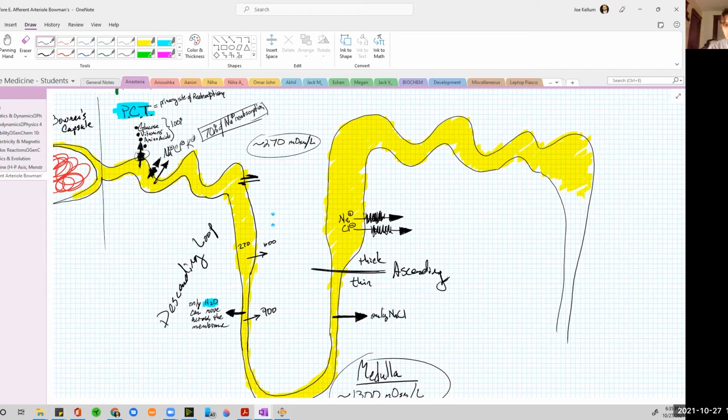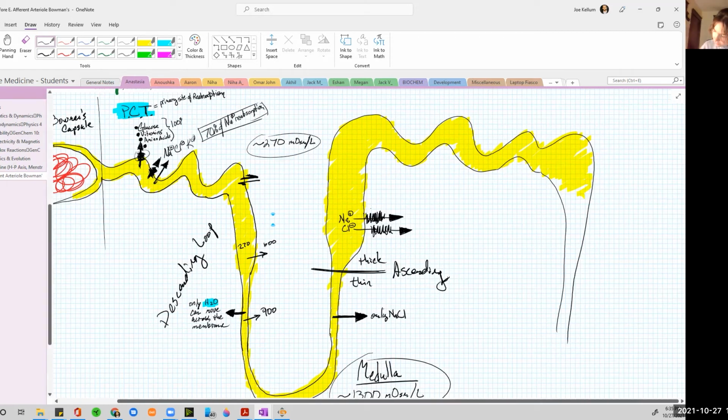All right, so you've got this active reabsorption of sodium and chloride in the thick ascending limb. And that turns out to be a major site for regulation of, say, total body water.